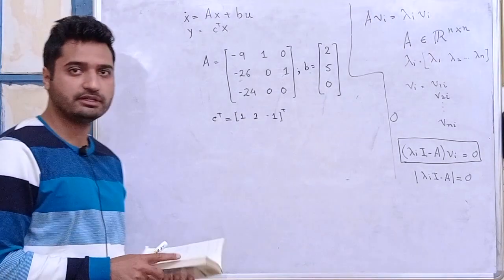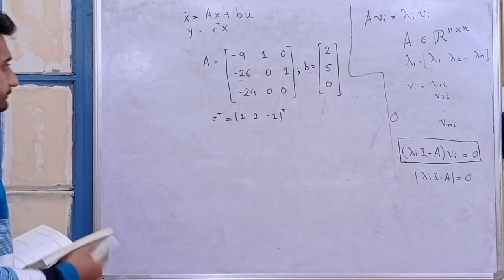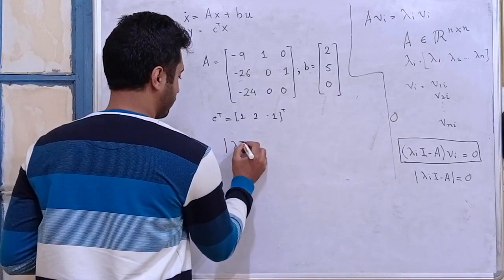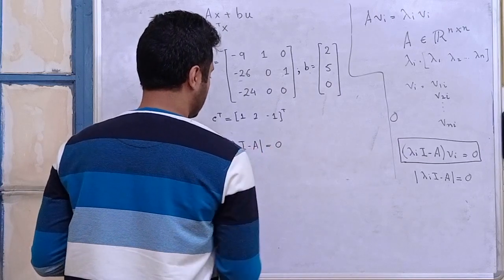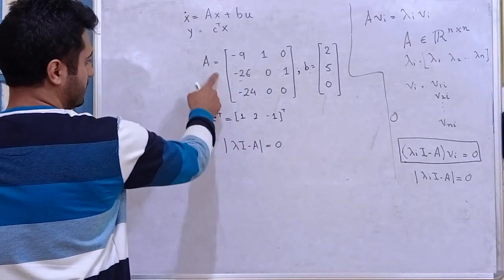So first of all, evaluate the eigenvalues. I have to solve the equation determinant of lambda I minus A equals 0, where A is given as this.